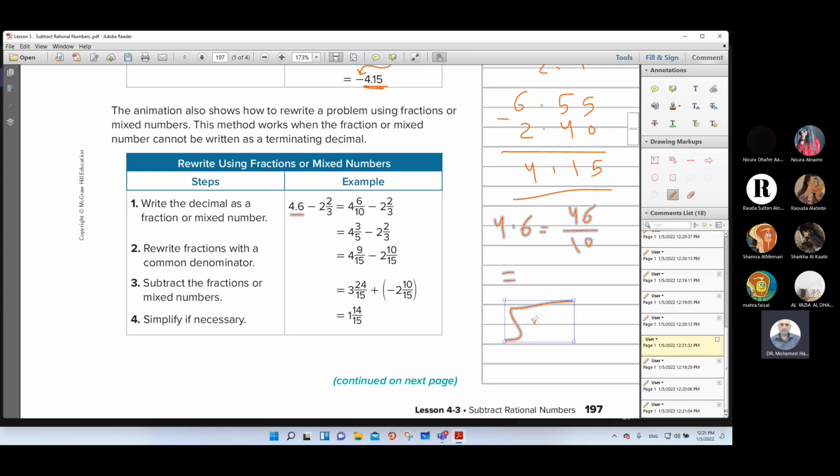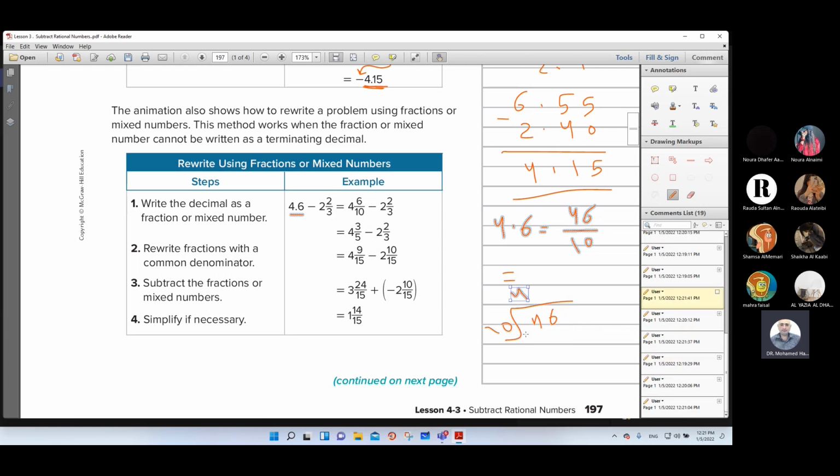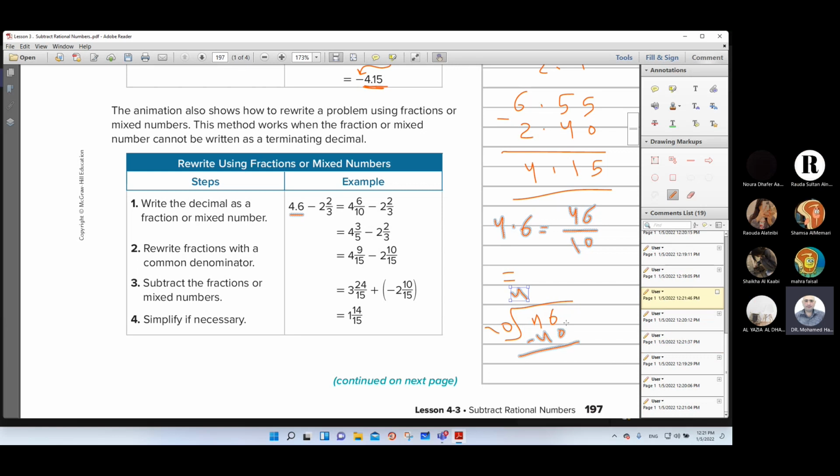You can write here 46, here 10. 46 divided by 10 will be 4. 4 times 10 will be 40. 6 minus 0, 6. 4 minus 4, 0.